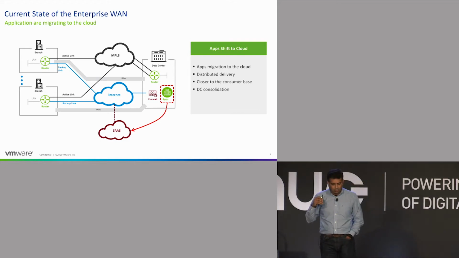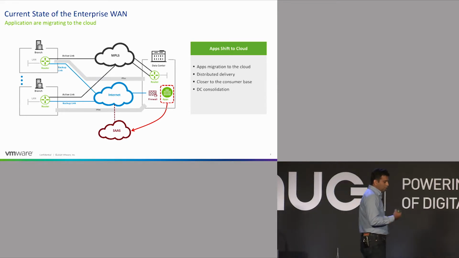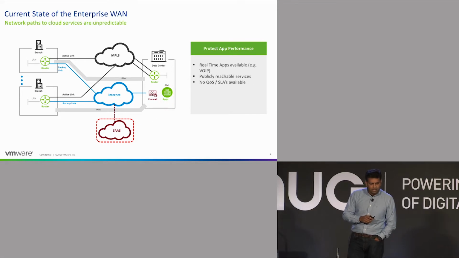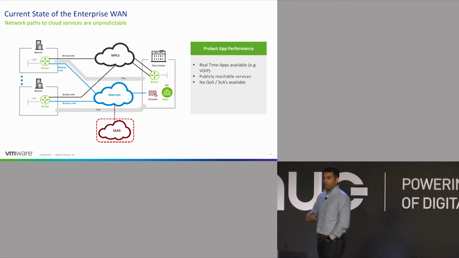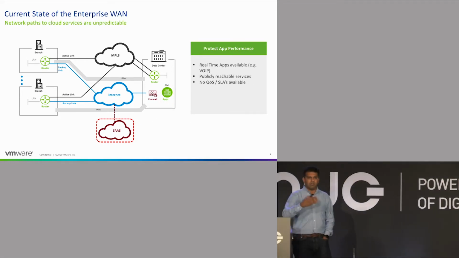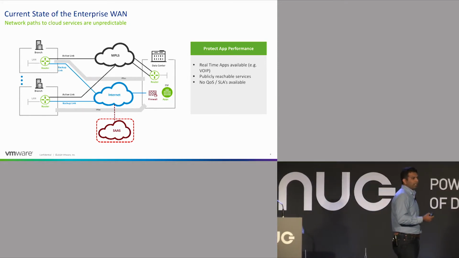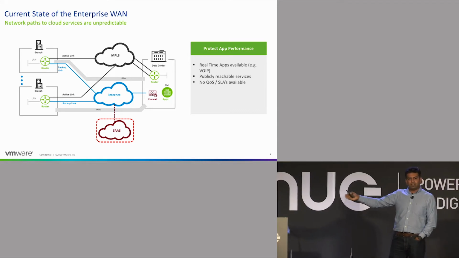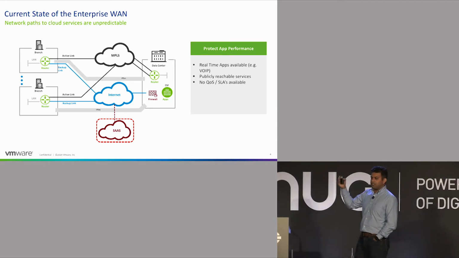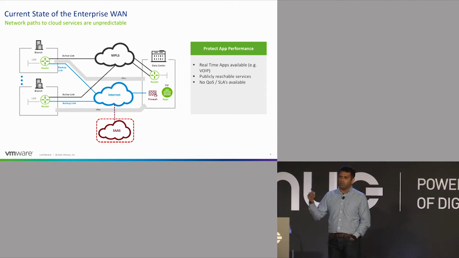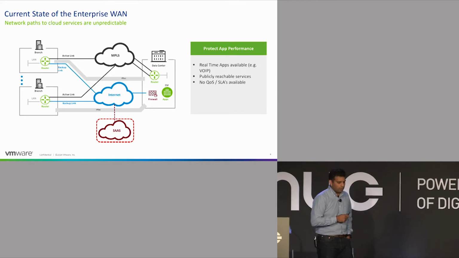Backhauling is not efficient because it introduces a lot of latency. There are real-time applications today like voice and video. Office 365 and Skype are all hosted in the cloud today, and backhauling all this traffic to the data center is not a viable solution due to latency concerns, of course.